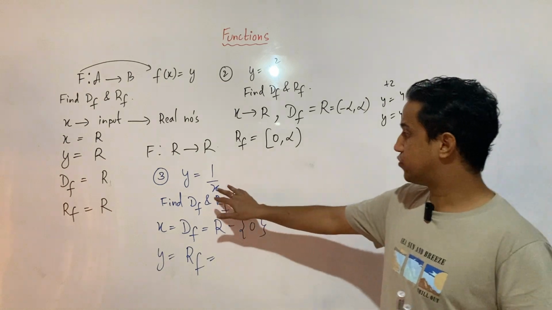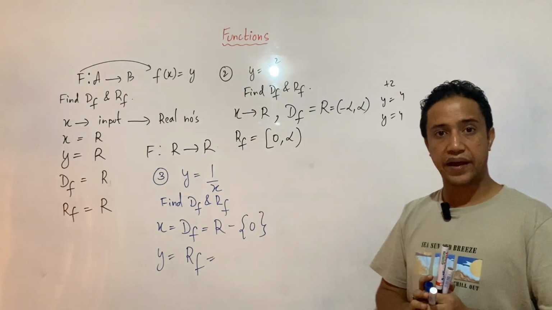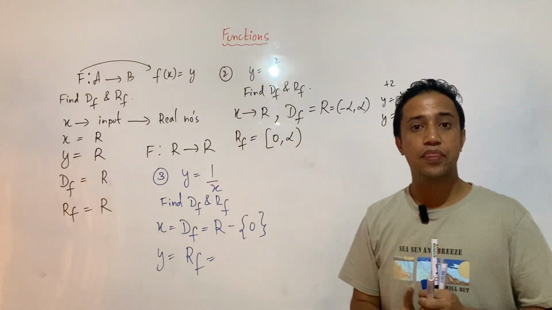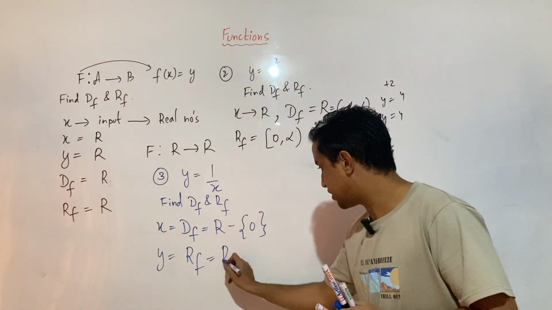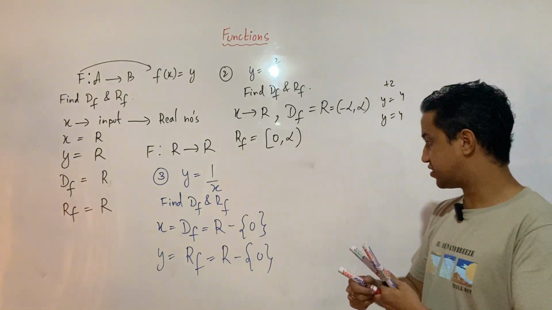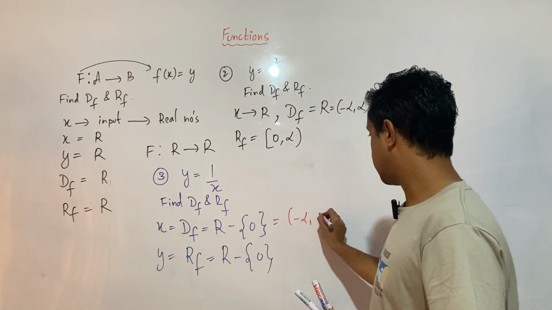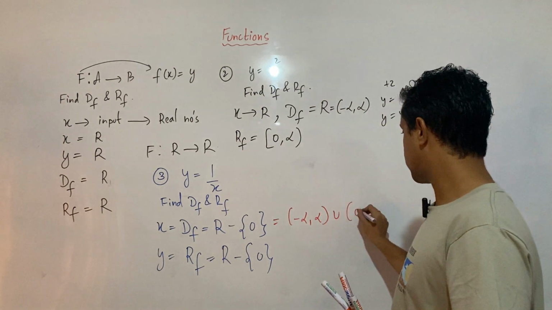Why? Because if you put any value of x, you will get values of y. But for 0, you won't get the value of y, so your range is going to be the same.